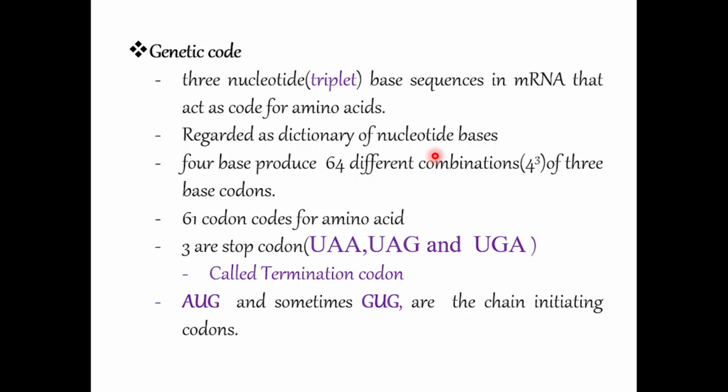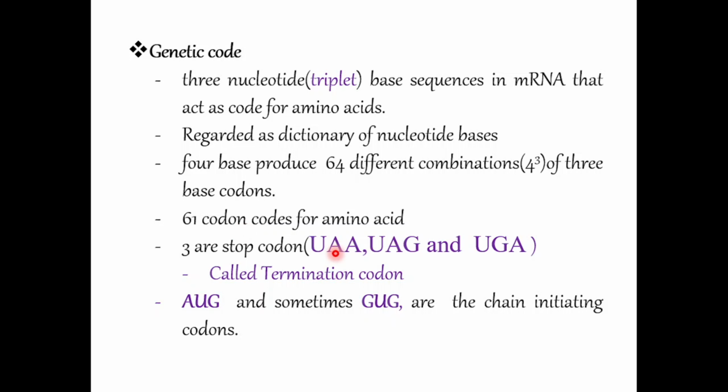There are 4 nitrogenous bases: adenine, guanine, thymine, cytosine, or uracil. By these 4, we may produce 64 different combinations. That means 4 to the power 3. It is a triplet. 4 is the number of nitrogenous bases. So it gives us 64. From those 64 different combinations, 61 are used to code for amino acids.